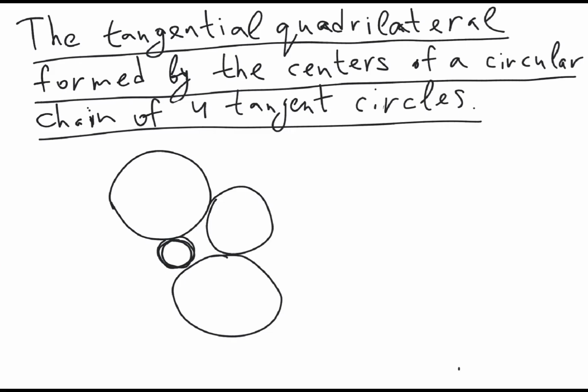So if we denote them by omega 1, omega 2, omega 3 and omega 4, let's write it as a theorem, right?